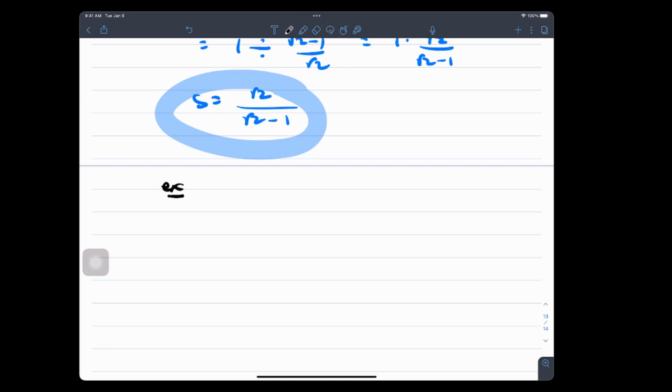And then, ladies and gentlemen, they can do something like this. They can say 0.35, right? 0.35 as a fraction, right?